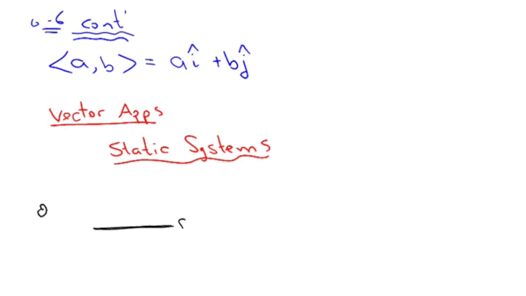If this is the floor, you are standing on the floor, right? And you weigh 200 pounds. How would you represent that with a vector?